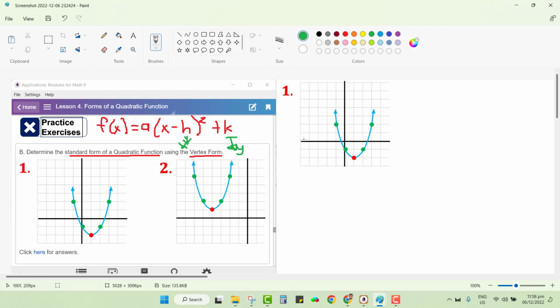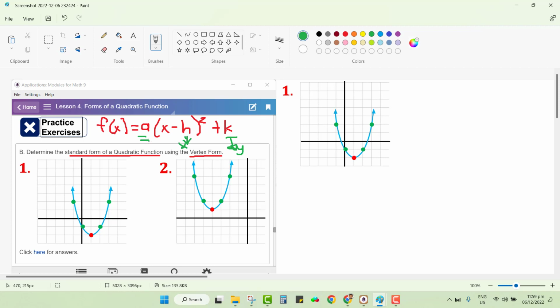So once we know the coordinates of the vertex, we can definitely say what the values of h and k are and substitute them here. Now, for a, I also mentioned in the previous video that whatever function we gather here is just one of the possible representative standard forms of a quadratic function because of the presence of this a.